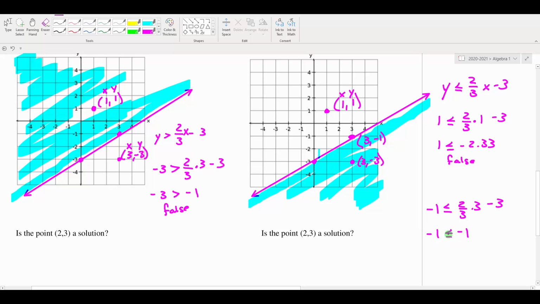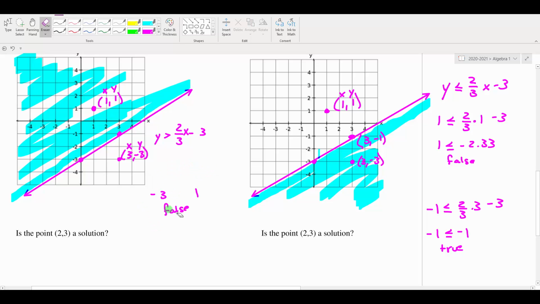Is this a true statement? It is, because it says we can be equal to. -1 is allowed to be equal to -1. So the points on the line, all of the points on the line here, are going to make that inequality true.